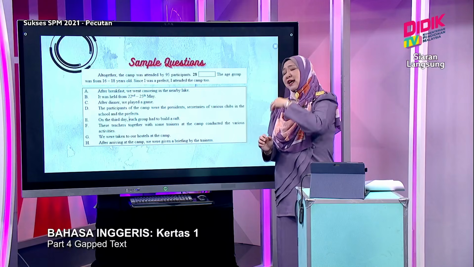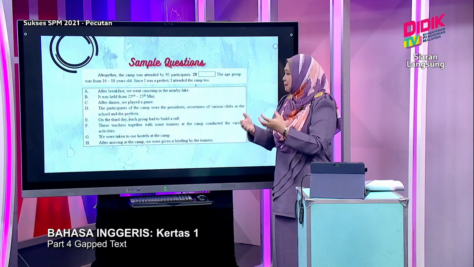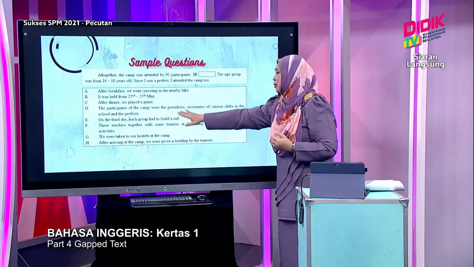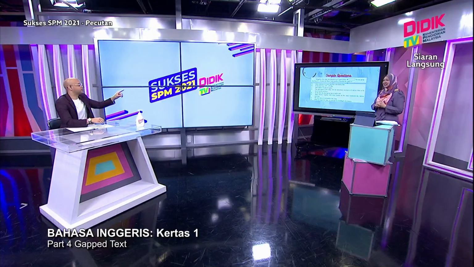For this one, the clue is participant. So we are talking about participants. Who are the participants? So we have the participants here. If someone were to rush into the answer, they could actually choose answer F, these teachers. If you don't read the questions properly, you might miss out on the correct answer.